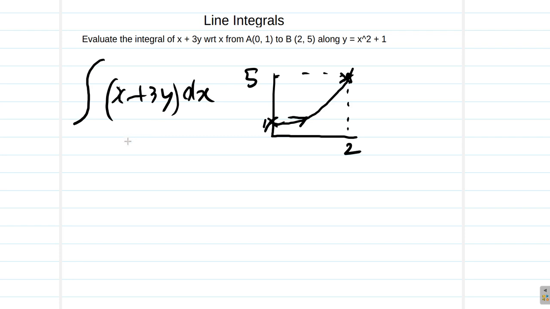Now it's a line integral, and the general formula for it would be the integral.